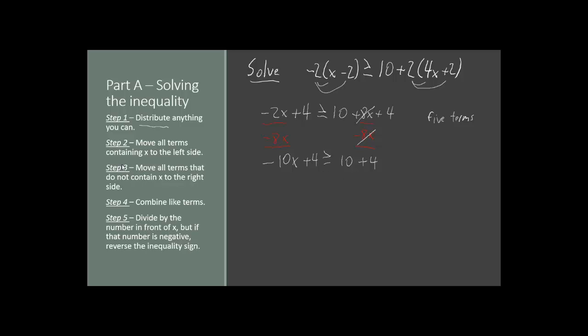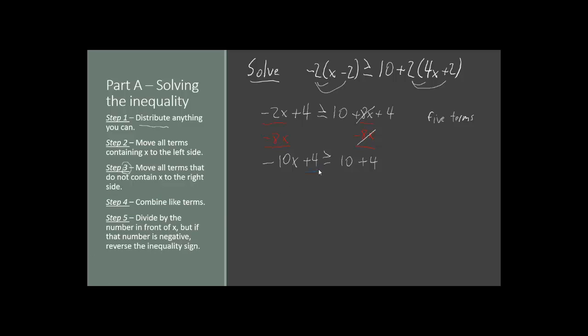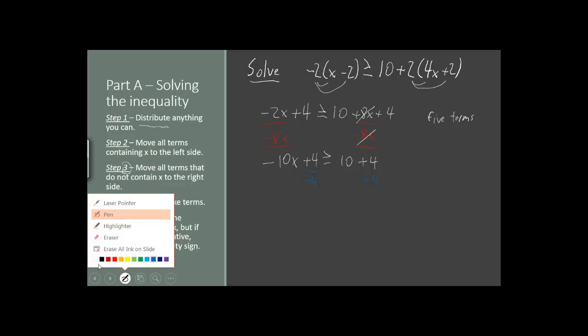Now in step 3, we're going to move any terms that do not contain x over to the right side. Well, this positive 4 doesn't have x. We can move that to the right side. In order to move that, we'll just subtract 4. And we'll do that to the right side as well. The 10 plus 4 that we already have is already on the right. We can leave that as is.